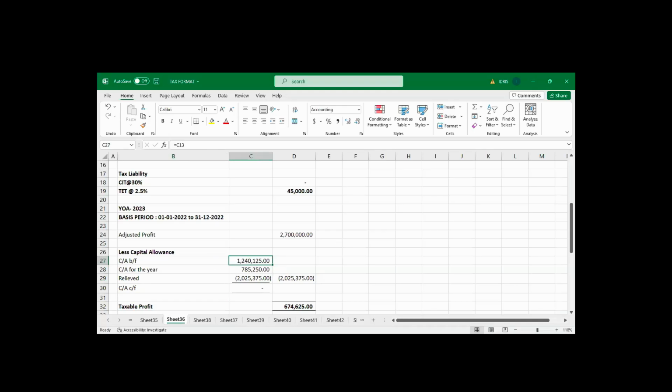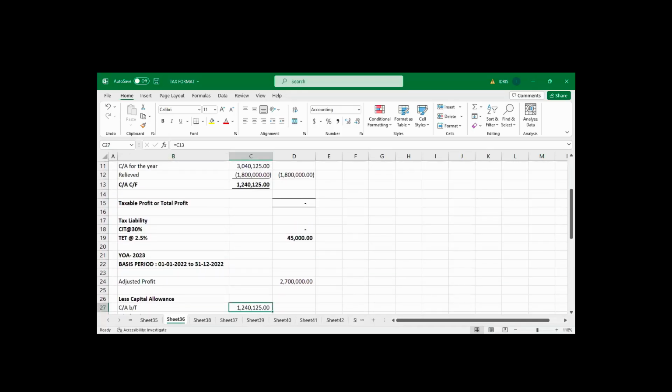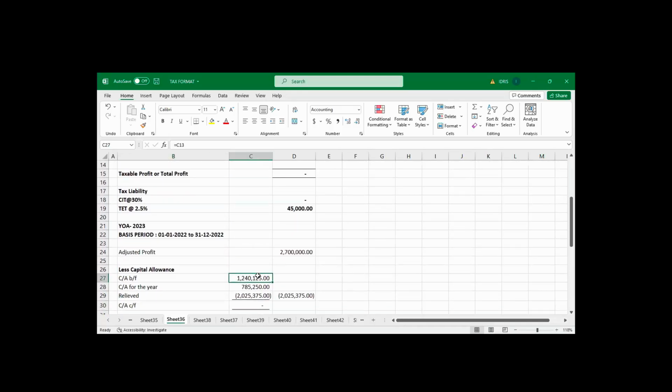The one that was carried forward in 2022 year of assessment is going to be brought forward. Now, what is the capital allowance for the year 2023 year of assessment? How much is the capital allowance that we computed under the capital allowance computation? 785,250.